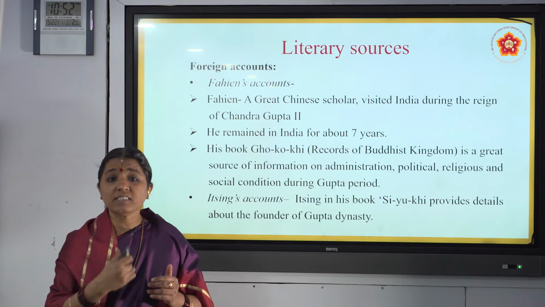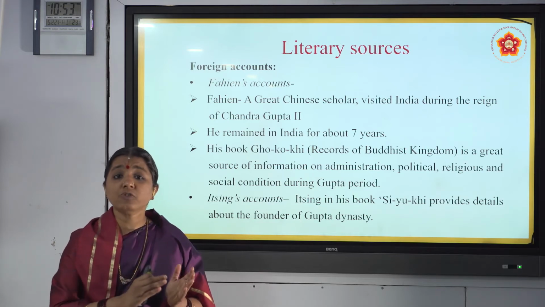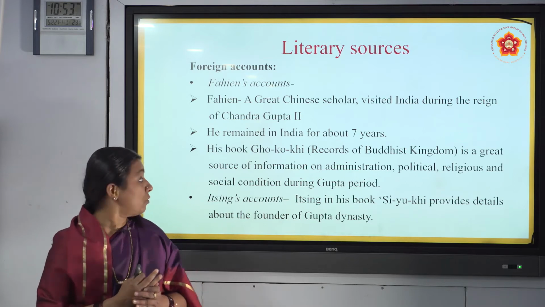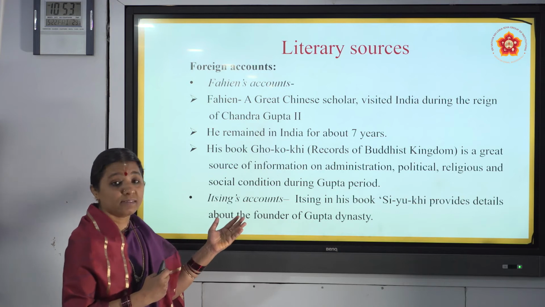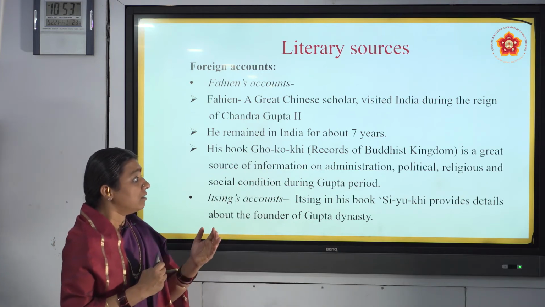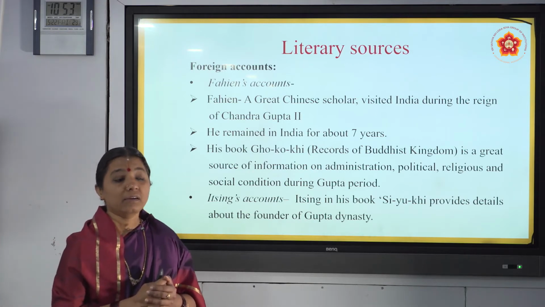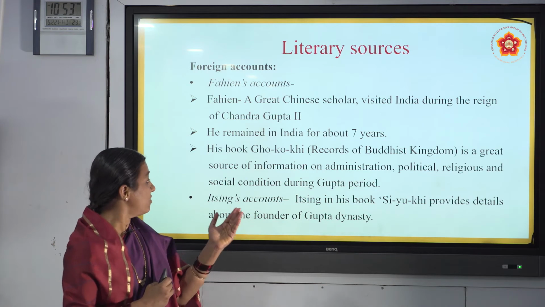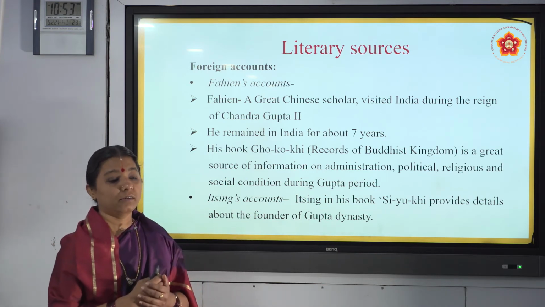He visited all these places and several other places associated with Buddhism. His book Fo-kuo-ki, meaning Records of Buddhist Kingdoms, is a great source of information on the administration of the Guptas, and the political, religious and social conditions prevailing during the Gupta period.